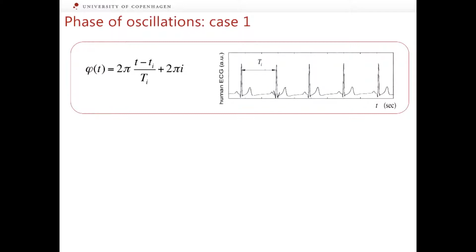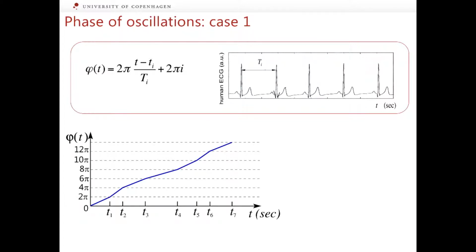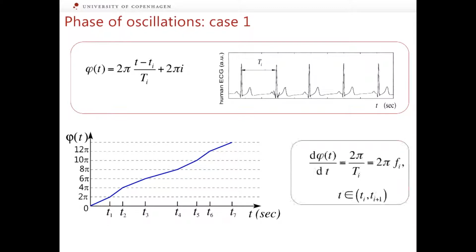To find the phase of every new oscillatory cycle, we take the phase at the end of the previous cycle and add to it the value by which it grew since the previous cycle finished. The resultant graph of the phase looks like shown here. The phase is a piecewise linear function of time which grows monotonously.